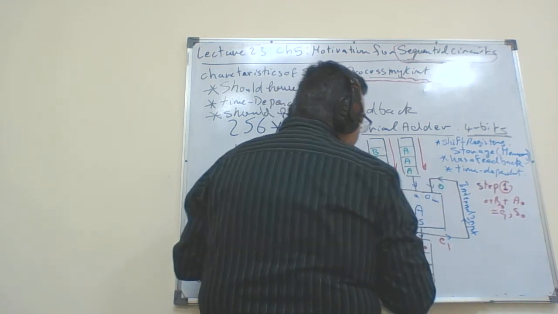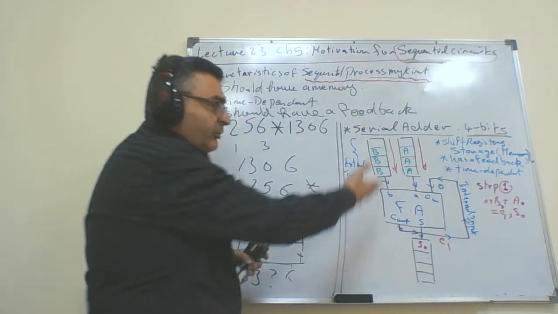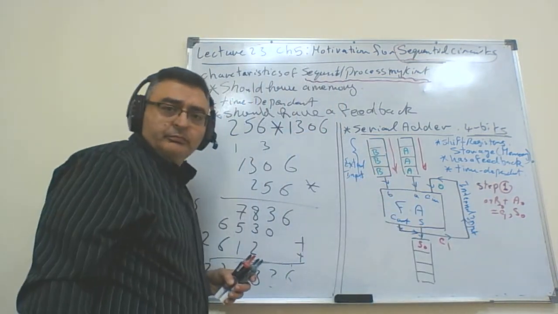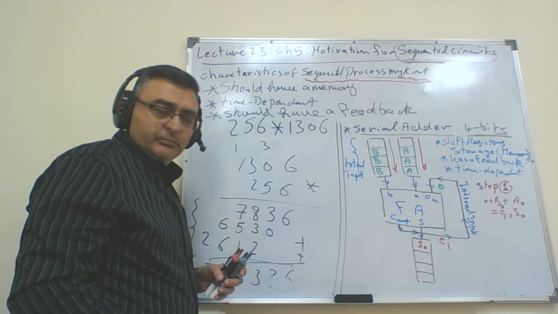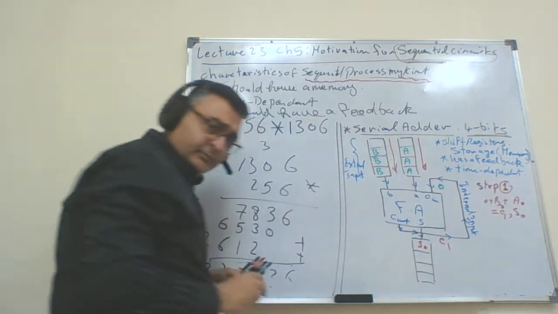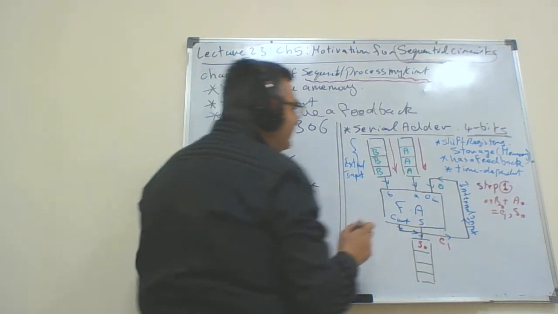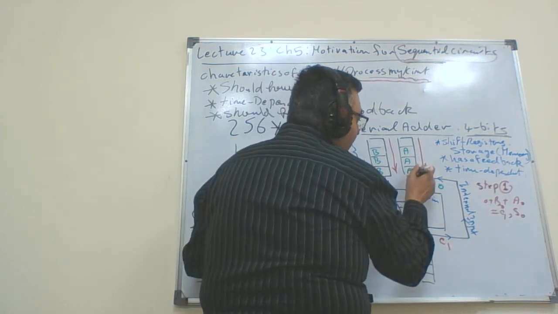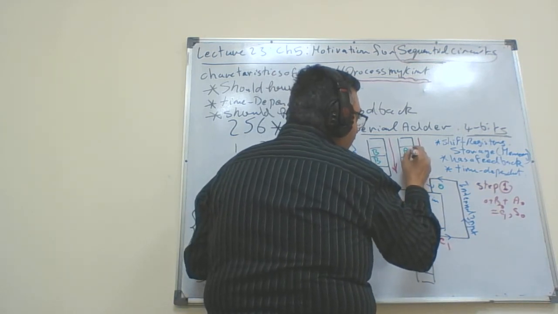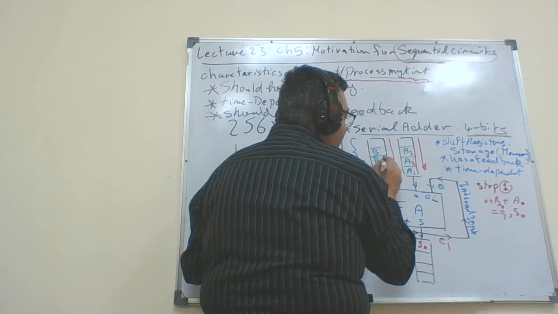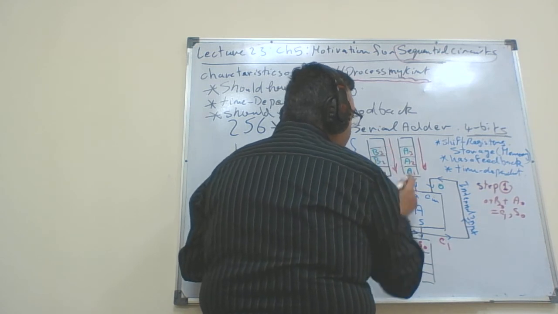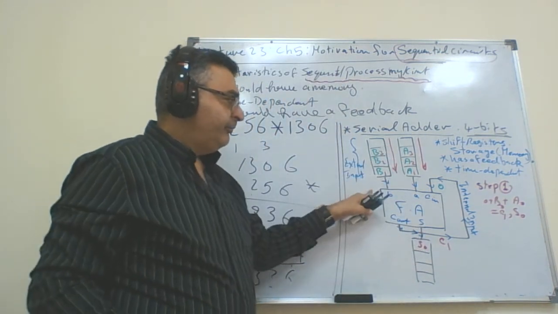So A0 and B0 have already entered the full adder and given me the answer. And right now I have A1 and B1 applied on the adder.